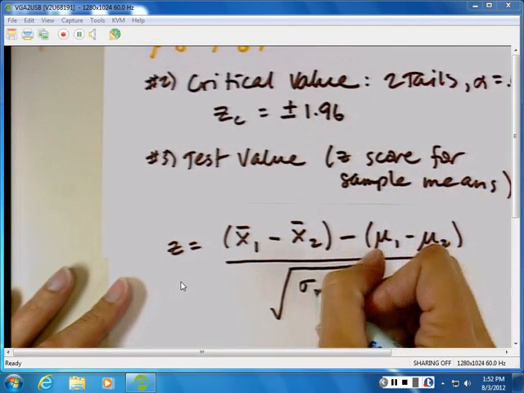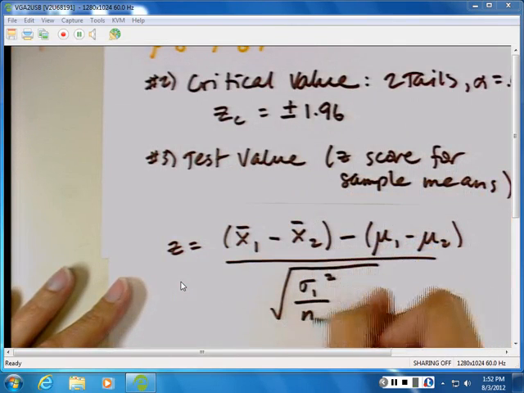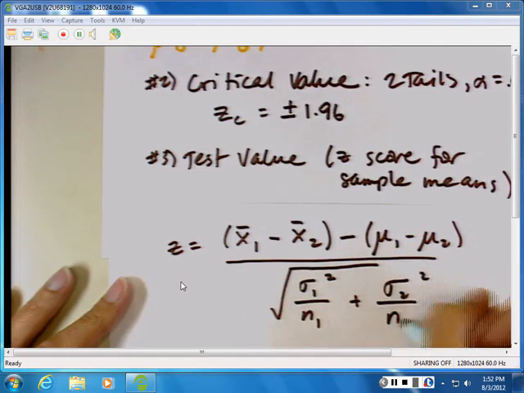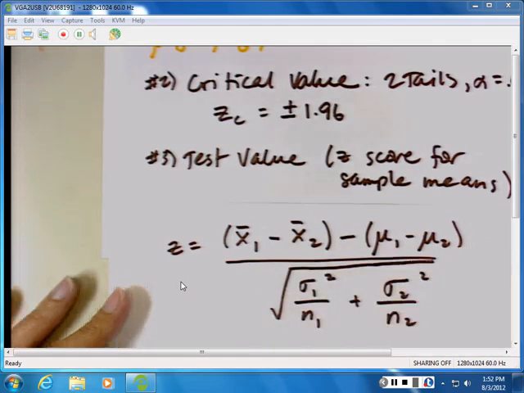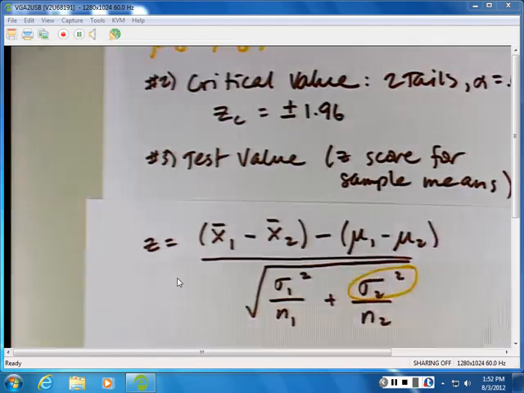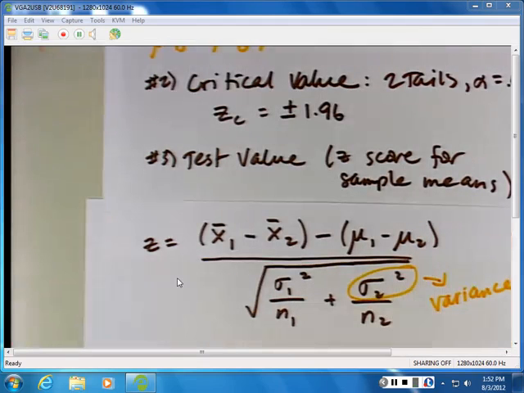So standard deviation of one of them squared divided by n1 plus the second one squared divided by n2. Do you remember what a standard deviation squared is? A standard deviation squared is a variance. And in this particular problem, they gave us the variances.